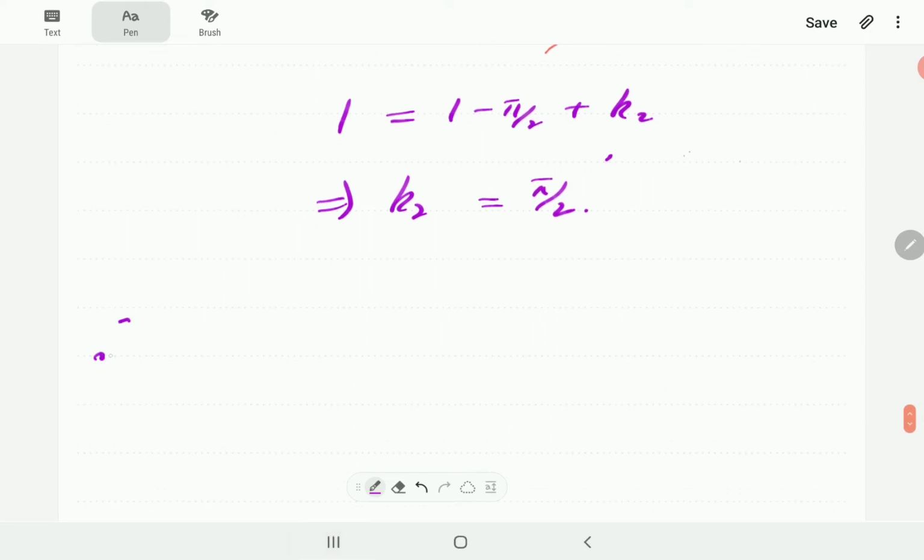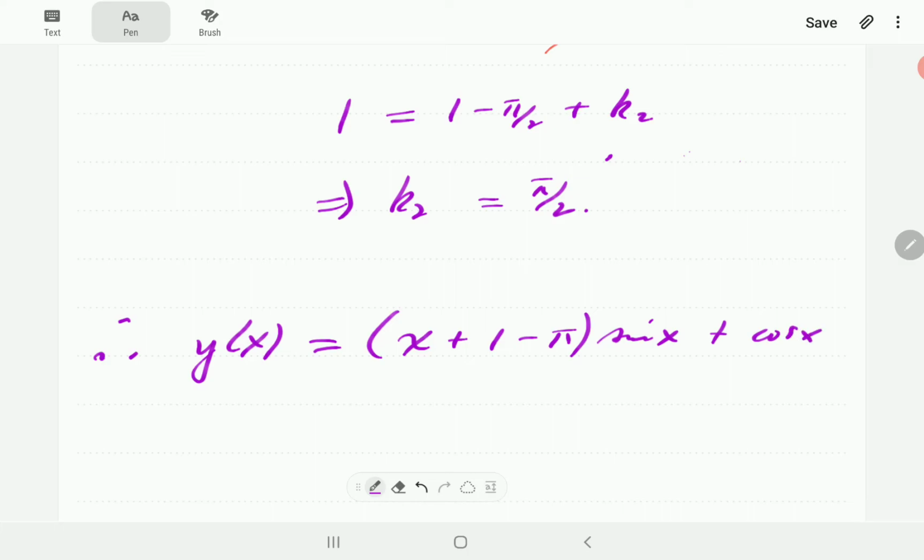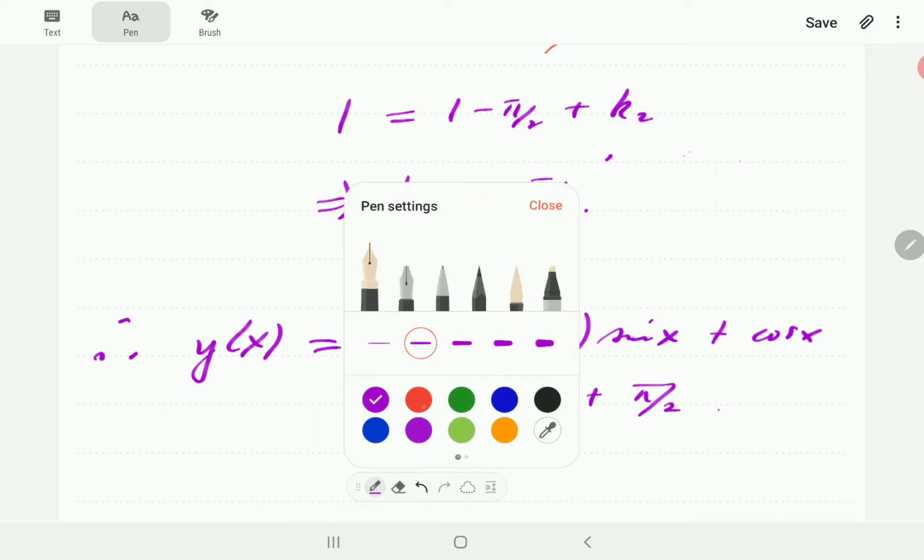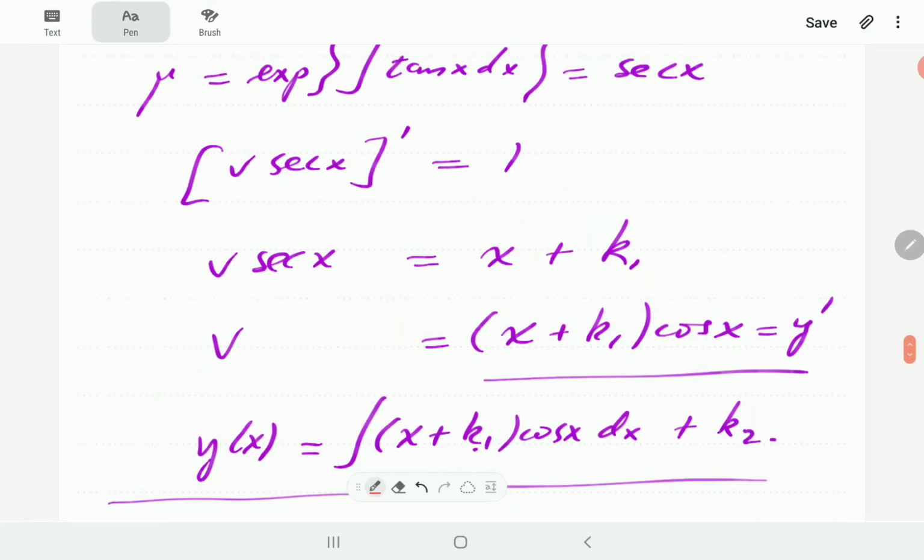And so our particular solution, y of x, is going to be x plus 1 minus pi times sine x plus cosine x plus pi over 2. All right, there is 2 more to go.